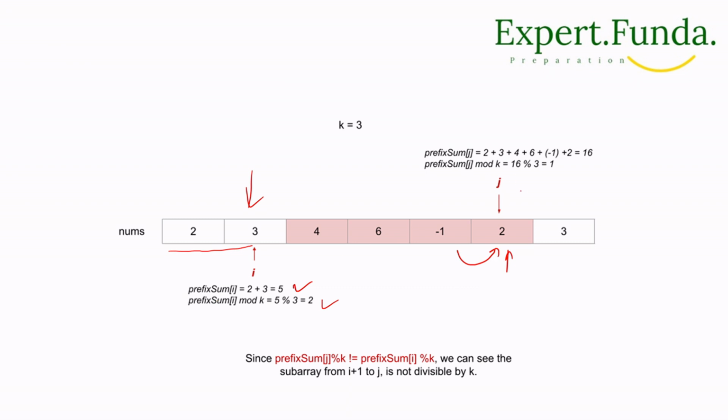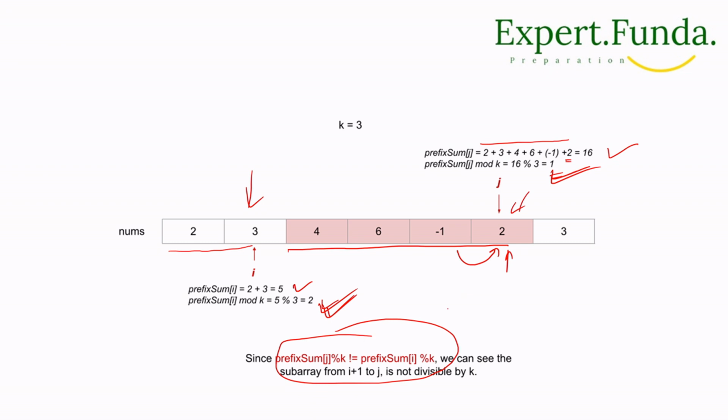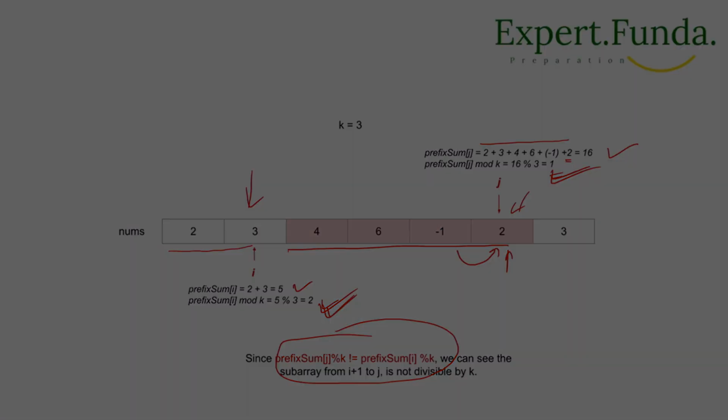Now if we come to this position and do the sum, we add 2 more, so 14 plus 2 is 16, and the modulus is 1. So at this time it is not equal: here is 2 and here is 1. These are not equal, so we can say that the subarray from i plus 1 to j is not divisible by k. Okay, so in this way we'll do it.